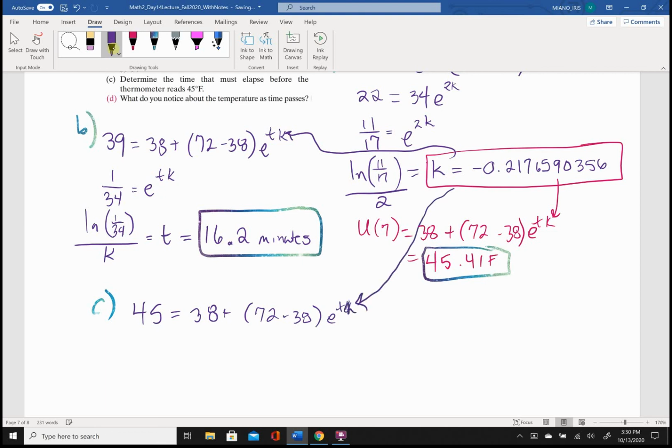Nothing has changed in that regard. Subtract, divide by 34, and you'll get 7 over 34 equals e to the kt. We're going to take the natural log of both sides and divide by k.